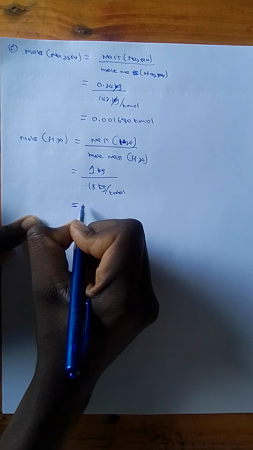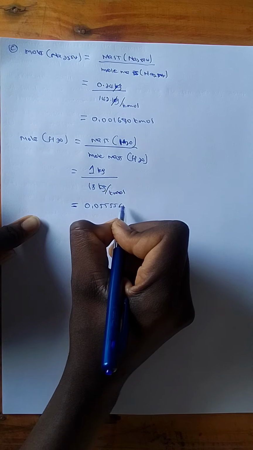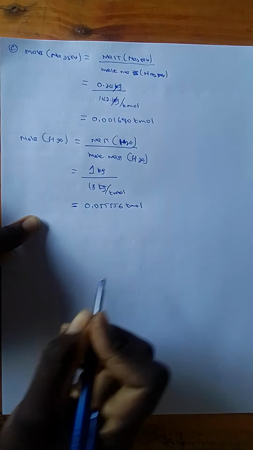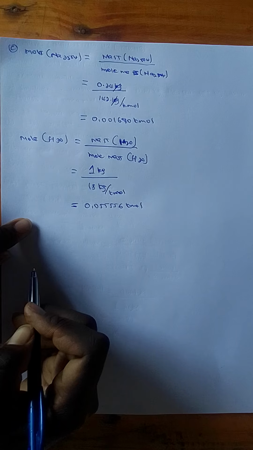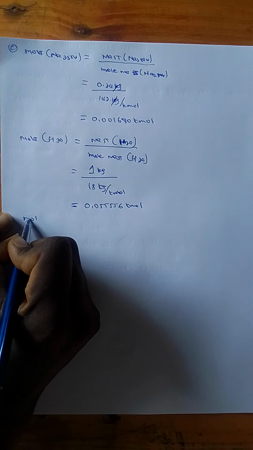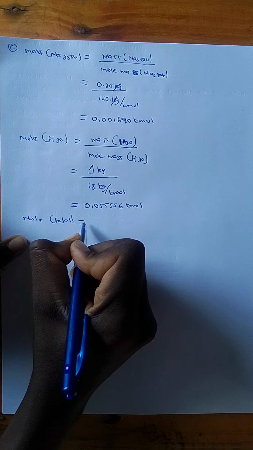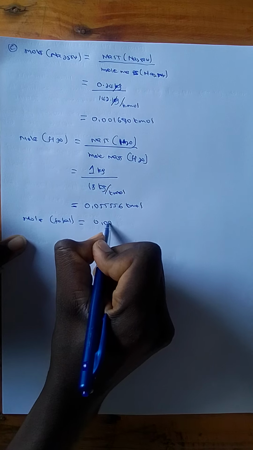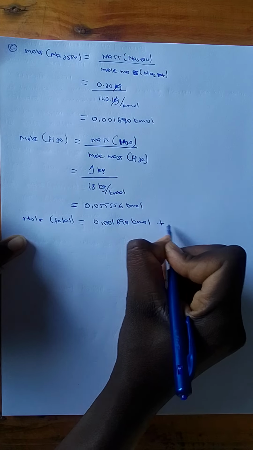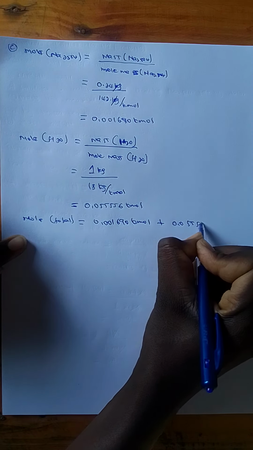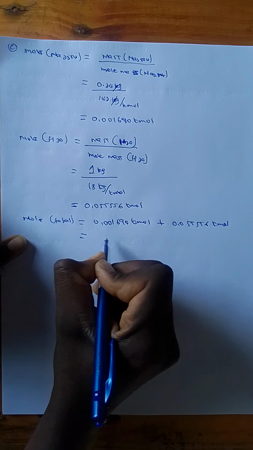Now the answer becomes 0.05556 kilomole. And another thing, I try to use more digits just so that I can enhance my accuracy. Now the total kilomoles of the solution becomes 0.001690 kilomole plus 0.05556 kilomole.